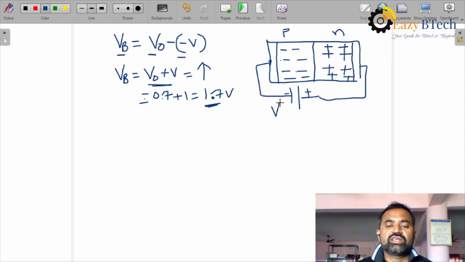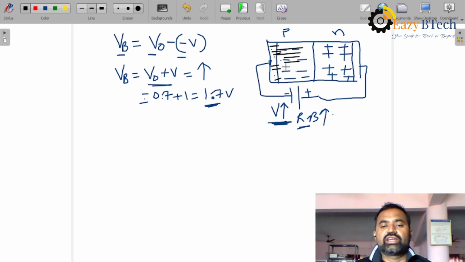Now if the reverse bias voltage is increased further, what happens? The depletion region will be totally negative ions on one side and positive ions on the other.